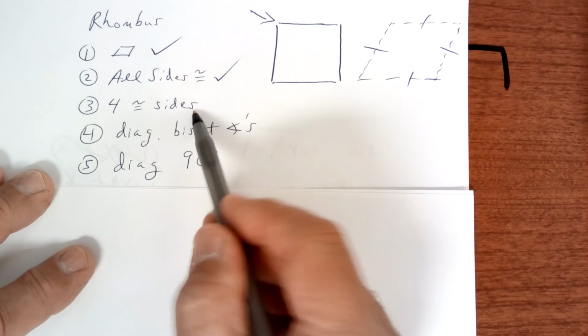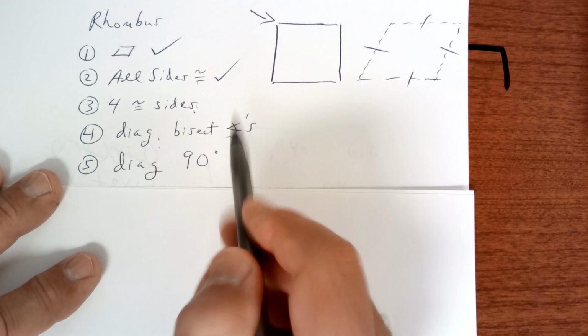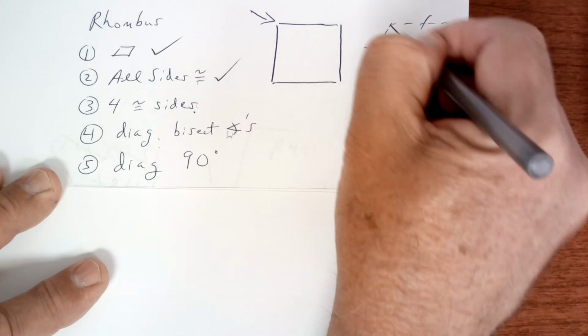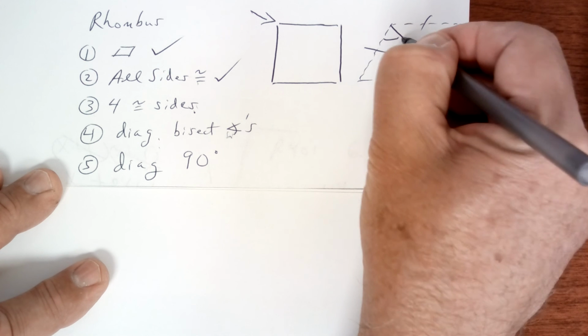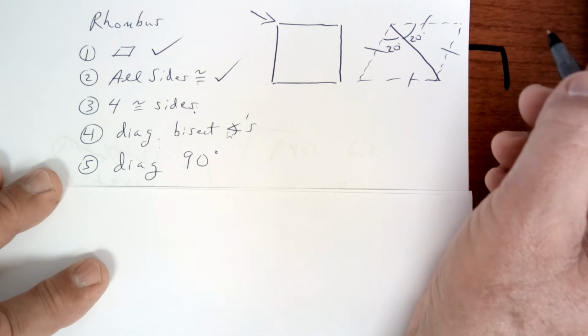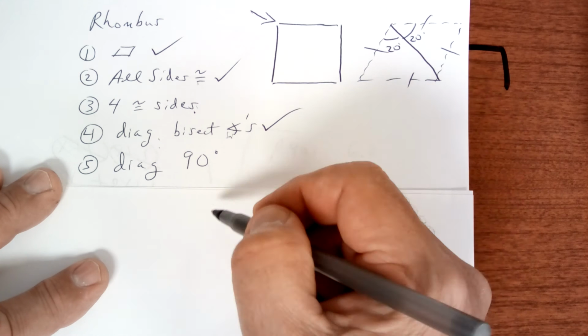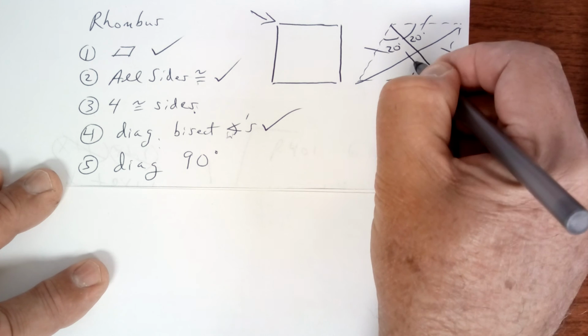The diagonals bisect the angles, so that's important. So this diagonal cuts this angle in half. So if this is 20 degrees, that would be 20 degrees. Bisects it. And the diagonals come in at 90 degrees, just like the square.